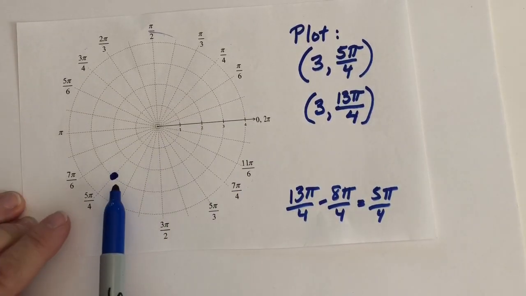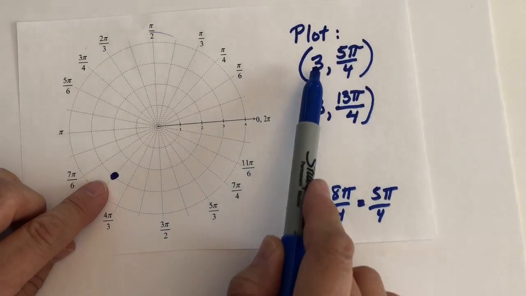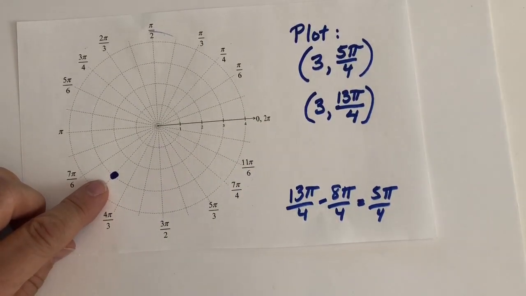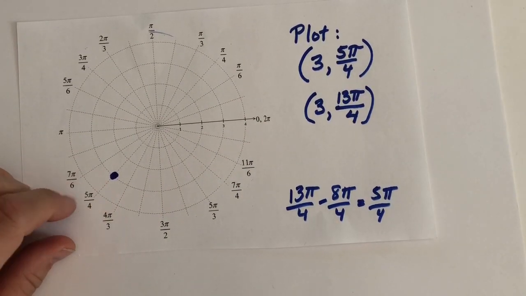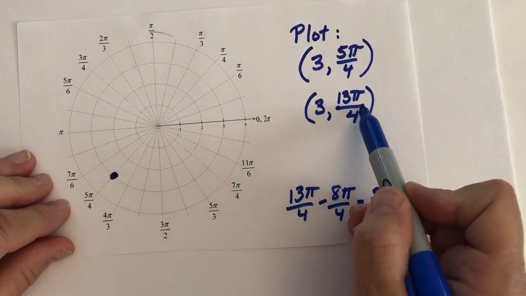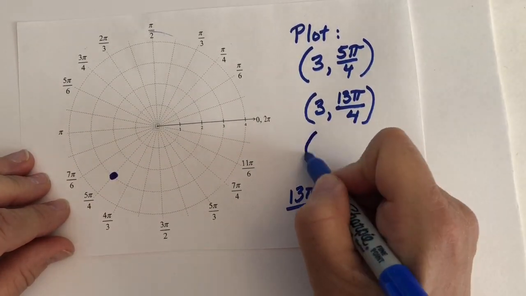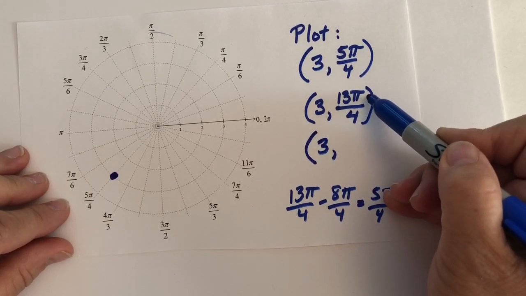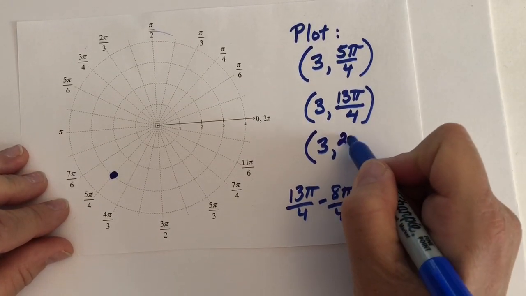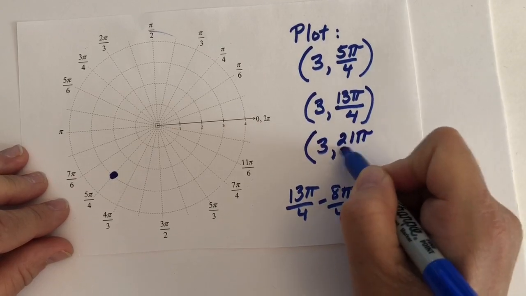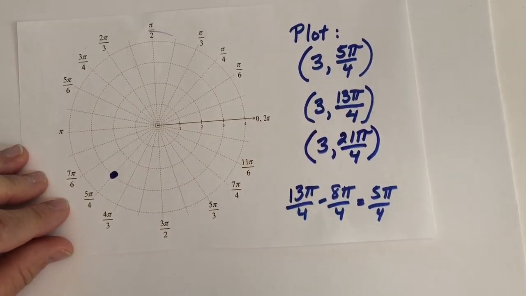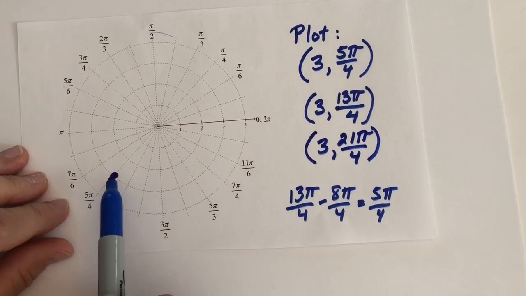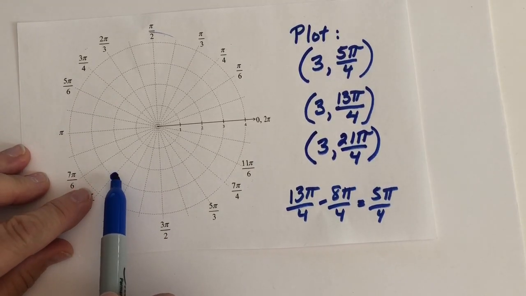And here we've just seen that this particular point has 2 different representations. And in fact, there are more. We could add another 2 pi to this, right? Add 2 pi. Let's see, that's adding 8 pi over 4, and we would have 21 pi over 4. That would be another representation for this point.